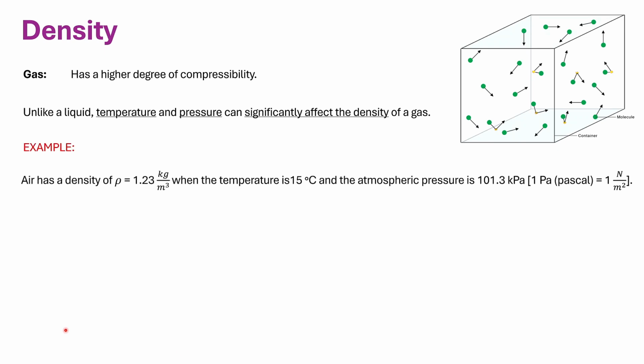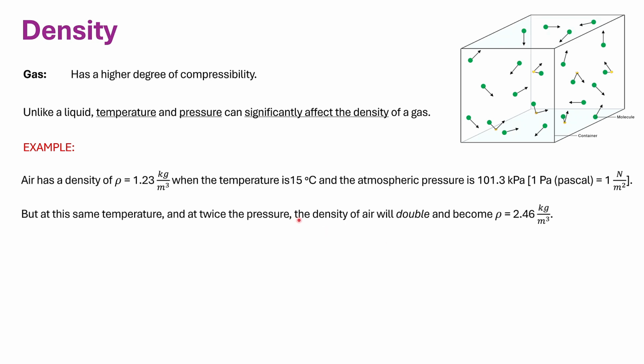As an example, air has a density of rho equals 1.23 kilograms per meter cubed when the temperature is 15 degrees C and the atmospheric pressure is 101.3 kilopascals, in which a pascal is basically 1 Newton per meter squared.